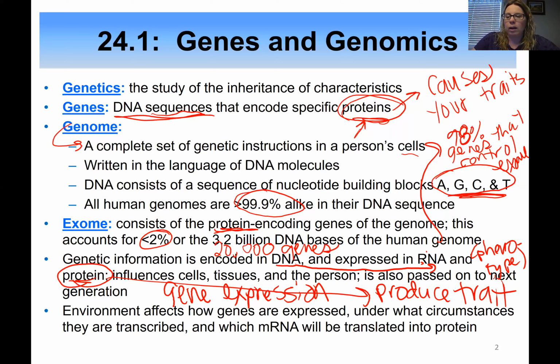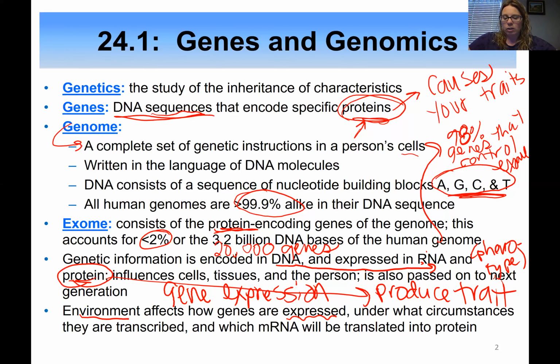Our traits are for the most part produced based on our genetic information, but the environment also can affect how and when those genes are expressed. So remember, anytime I say gene expression or genes are expressed, that means we're taking the genetic information and turning it into a protein, which can then cause a trait.